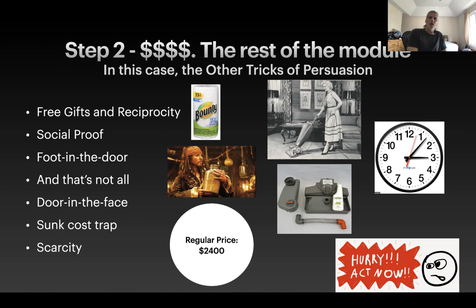So you may not have a single example that's this extensive, but that's not necessarily what I'm asking you to do, right? On this test question, you're just going to find 5 concepts like these. Maybe you got a social proof example. Maybe you got a sunk cost trap example. Maybe you got a scarcity example.